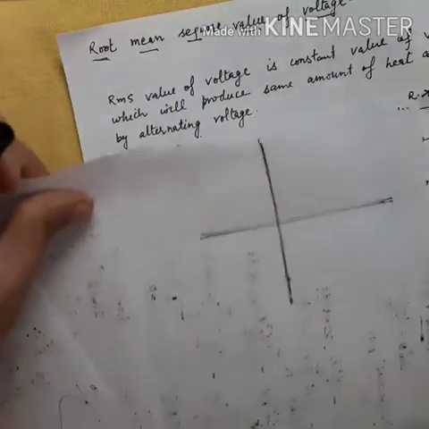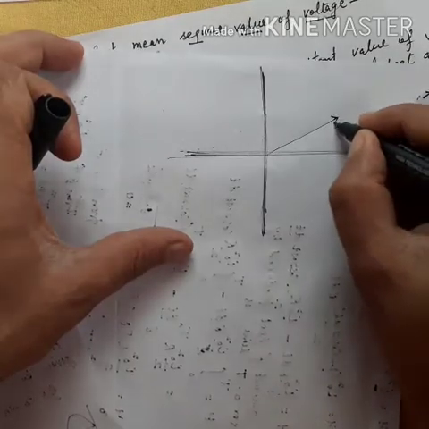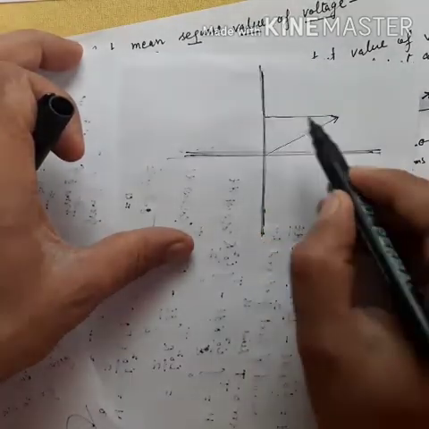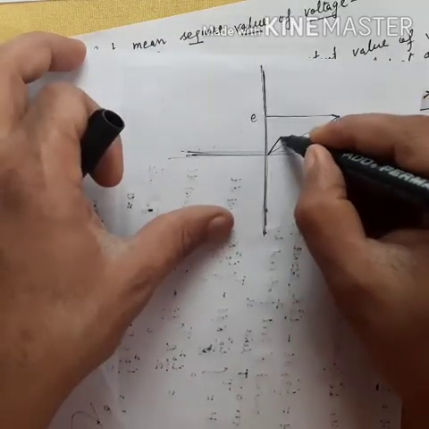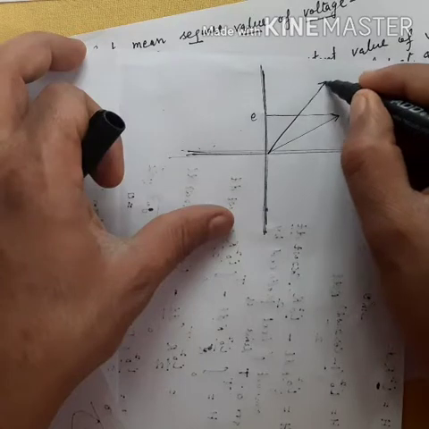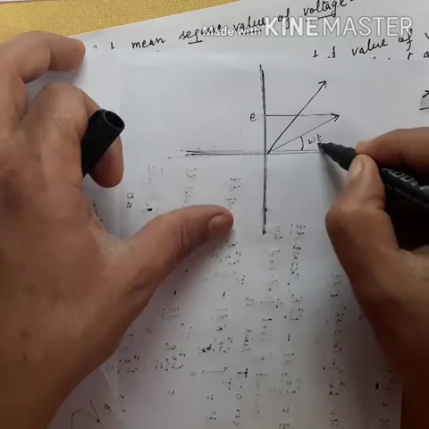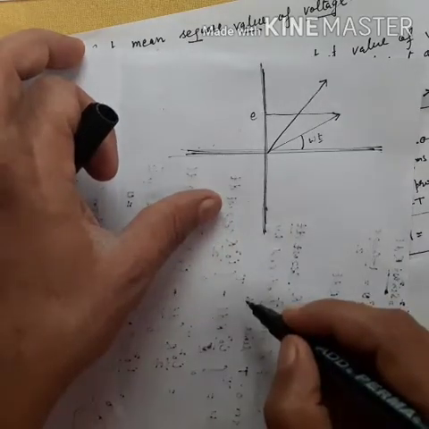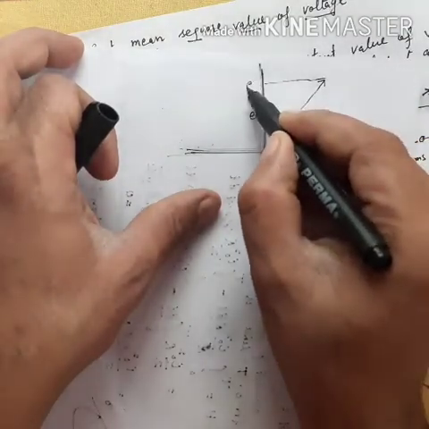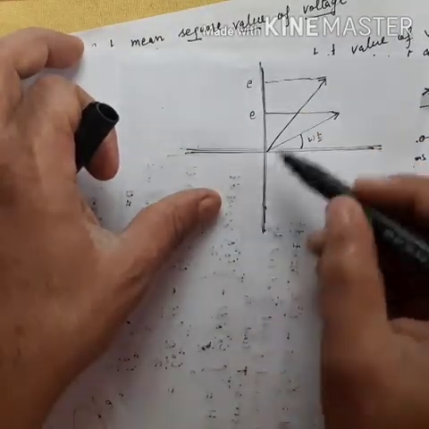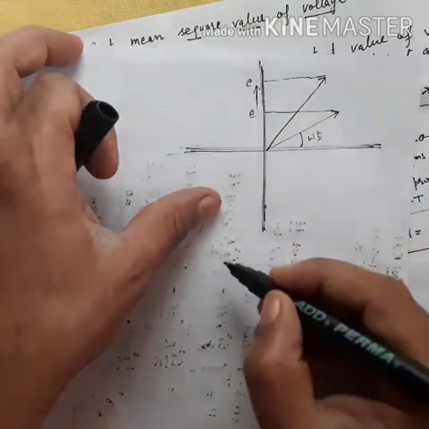To understand it more, if the arrow was here, then its projection is here. This is the instantaneous value. With passage of time, this arrow changes its position to this one, because the angle is omega t. As the time changes, the angle will also change. So now the projection on the y-axis will be E at this point, and the value has changed from here to this one.